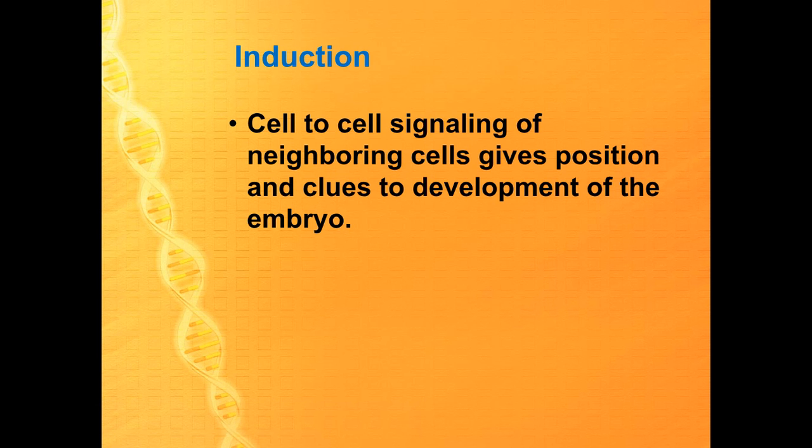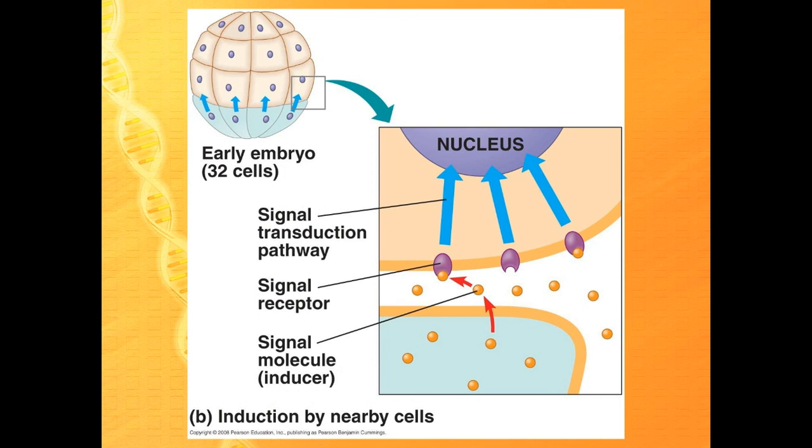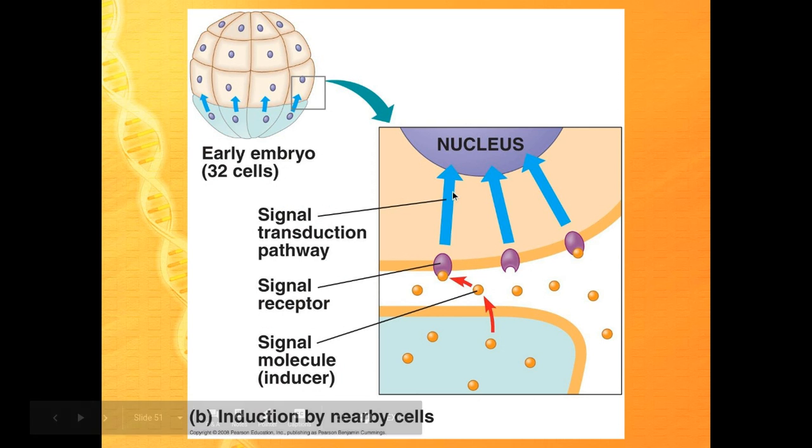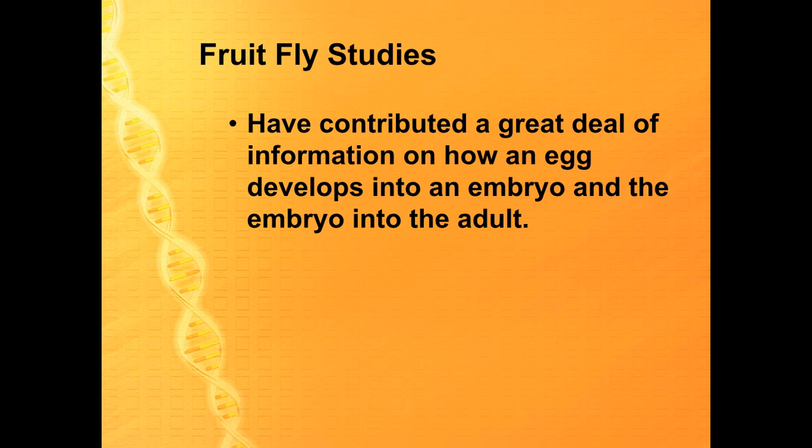Think back to induction when we talked about it in the fall. That's going to give position and clues basically that, hey, you're supposed to be a nerve, you're supposed to be an arm. I'm being this, so you be this. And that's sort of what you're seeing. We're getting a message, a ligand that's going to induce a signal that's going to cause a transduction pathway that goes to the receiving cell's nucleus and manipulates expression.